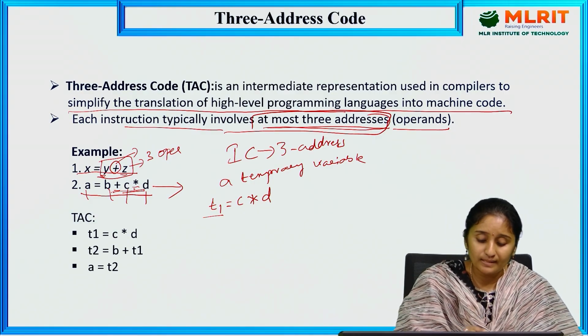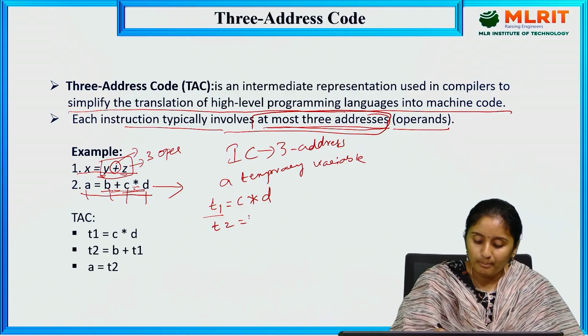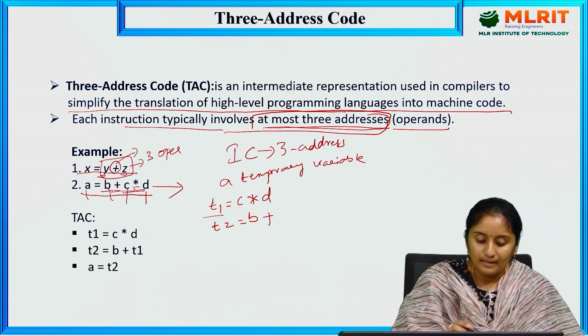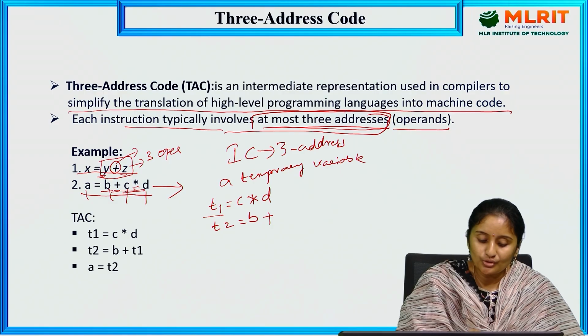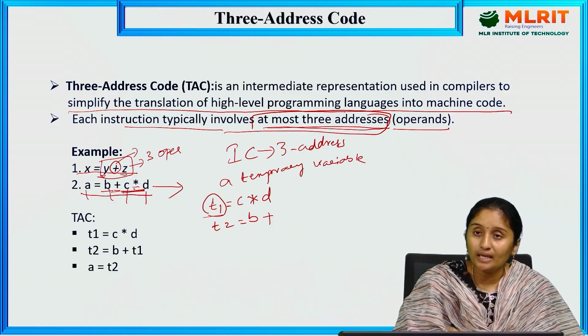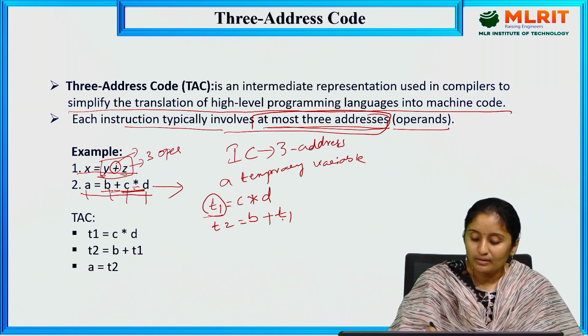The next one is T2 is equal to. So what am I having here? B plus C into D. Where is C into D stored? It is stored in T1. So instead of writing C into D, I am going to write T1.